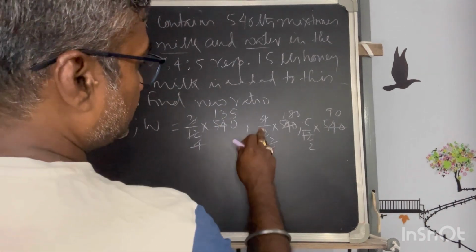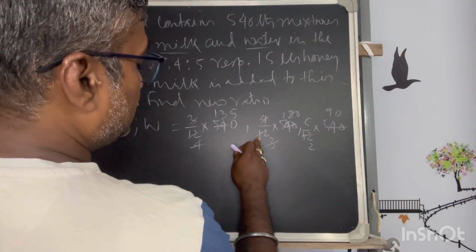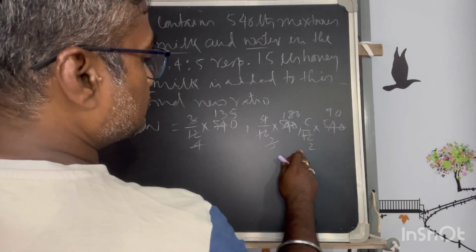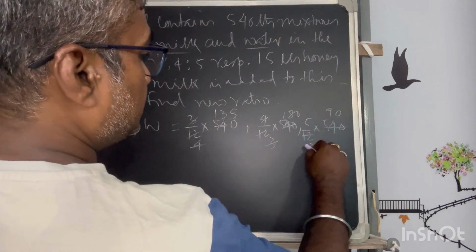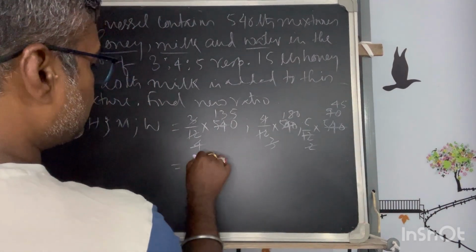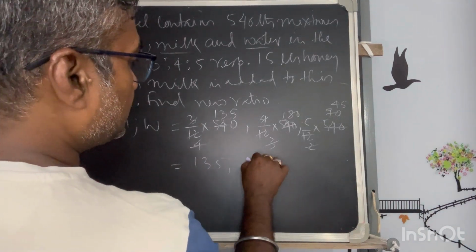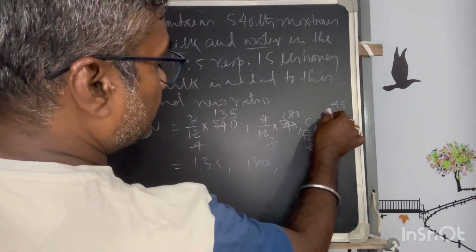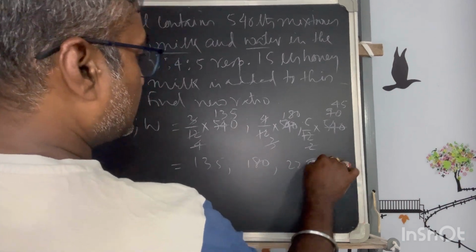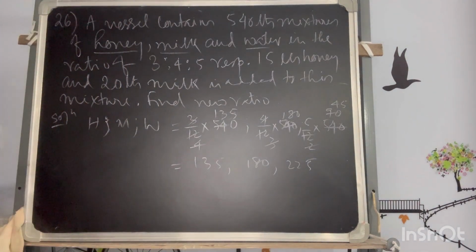Sorry, this is 4 by 12, which means 1 by 3, so 180. This will be the amount earlier: 135, 180 and 225.